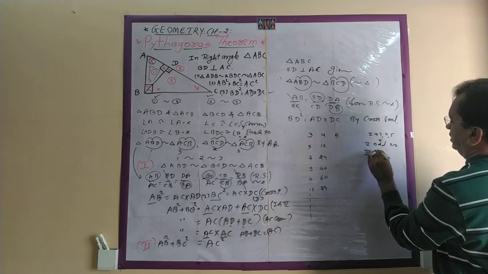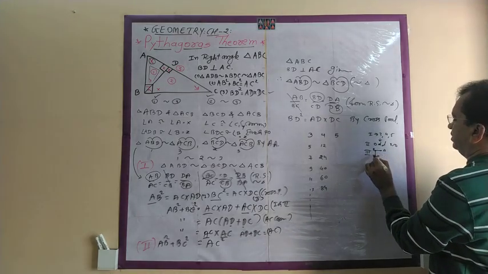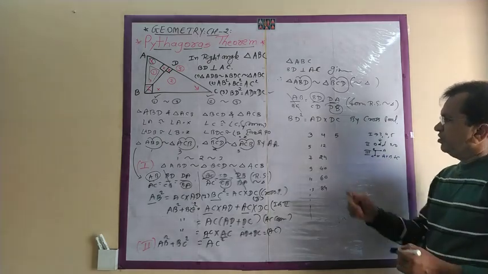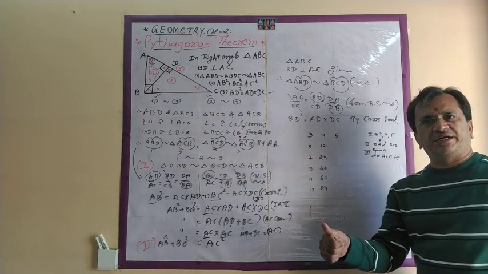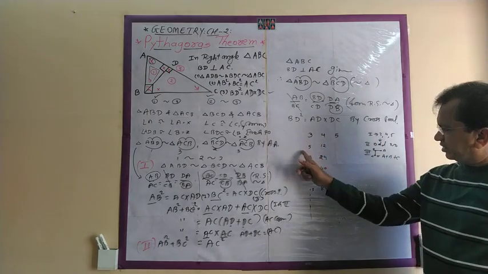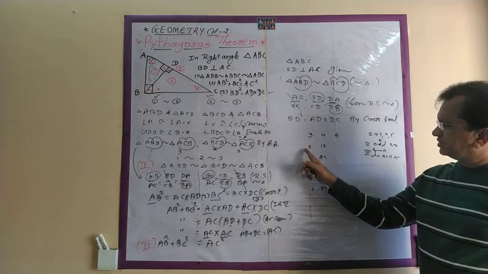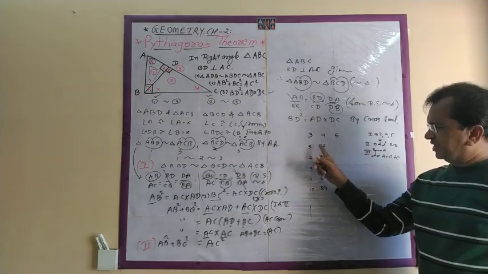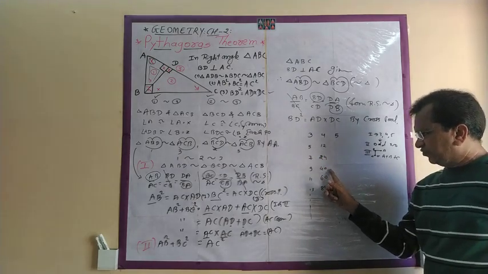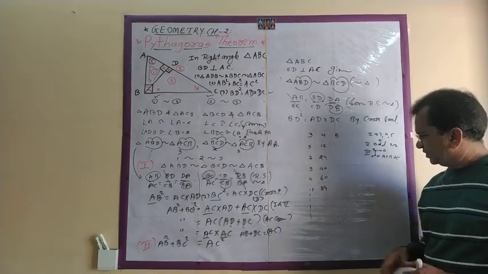Again, first plus second plus third, answer. A, B, C always. First write the smallest triplet 3, 4, 5. Then write the second point, write odd numbers. Then 1 plus 2 plus 3 answer. 12 plus 5 plus 7 answer. 24 plus 7 plus 9 answer. 40 plus 9 plus 11 answer. 60 plus 11 plus 13 answer.